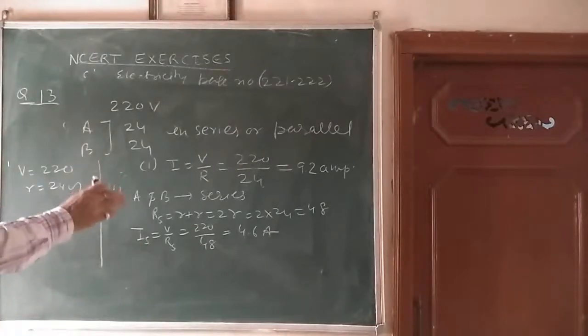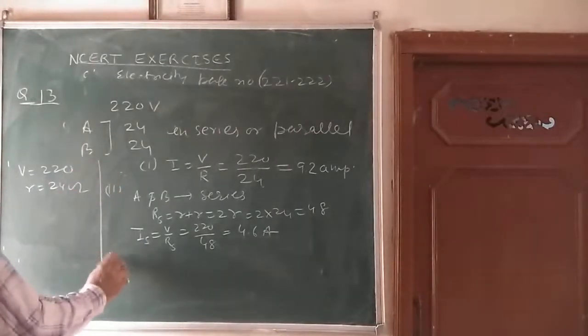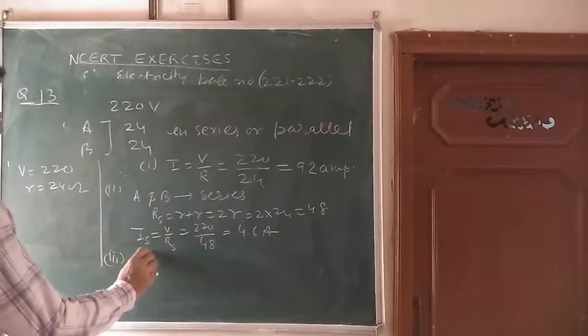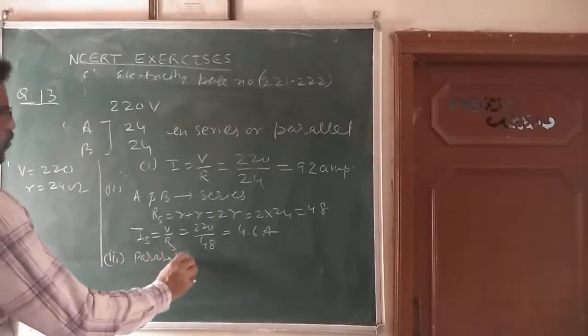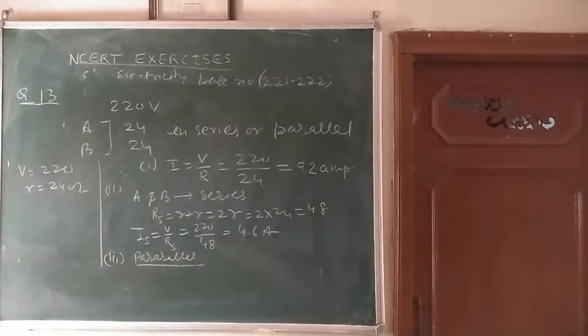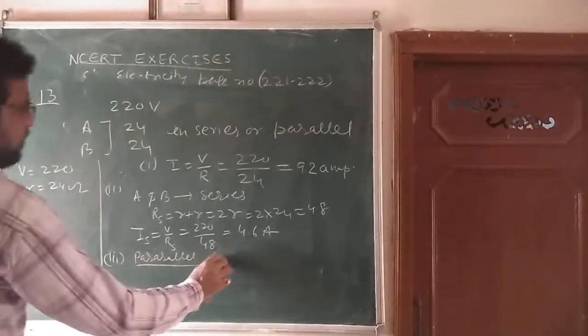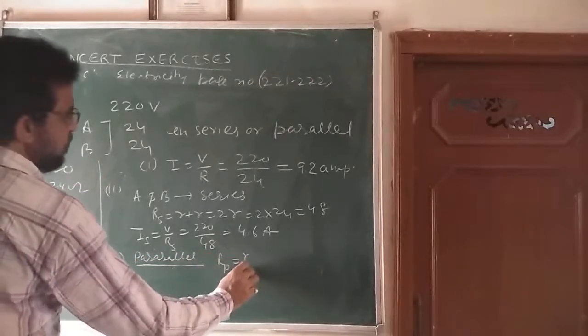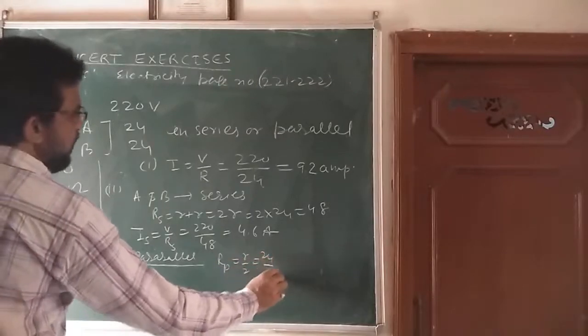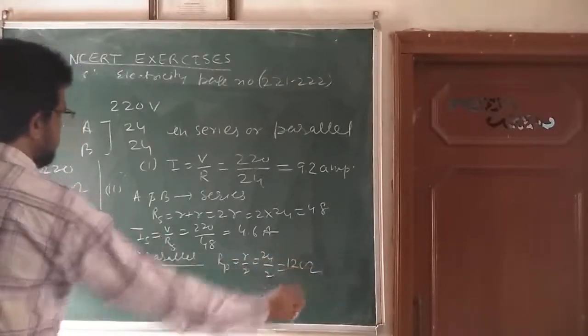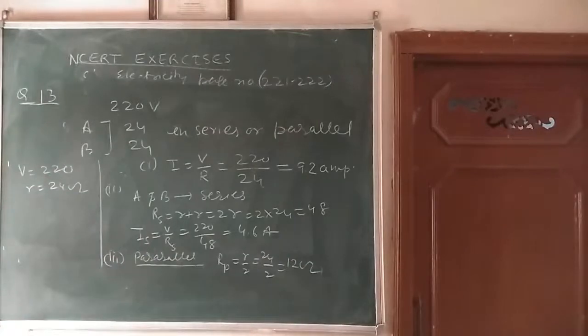When both the coils are connected in parallel, in the third case, first find out the equivalent resistance. When they are connected in parallel, the equivalent resistance would be R by 2. That is 24 by 2, equal to 12 ohm. Resistance is less, current will move more.